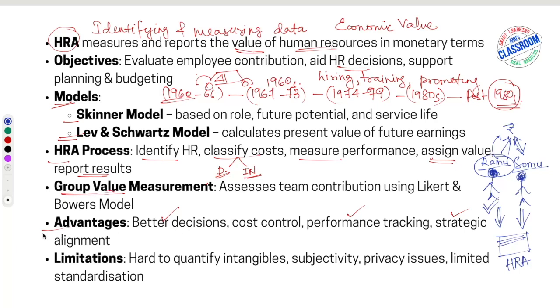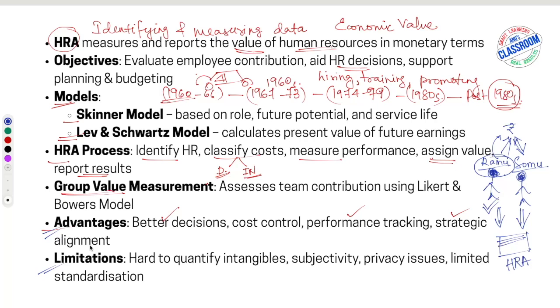So, is it all roses? No, there are thorns. Here also, there are limitations. First of all, one very important limitation is that it is very hard to quantify intangible things like loyalty or creativity and all. You can't exactly put a price tag on somebody's commitment to finishing that report at 2 a.m., right?